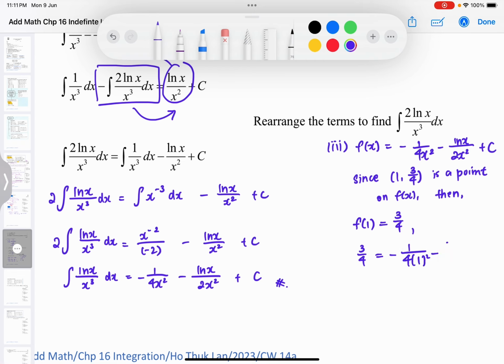Sub in x equals 1 into the expression to find c, and ln of 1 is just 0. Then you bring this negative 1/4 to the other side, it becomes plus 1. So c is 1. Therefore, f of x is given by negative 1 over 4x squared minus ln x over 2x squared plus 1. That's the answer for question 3.